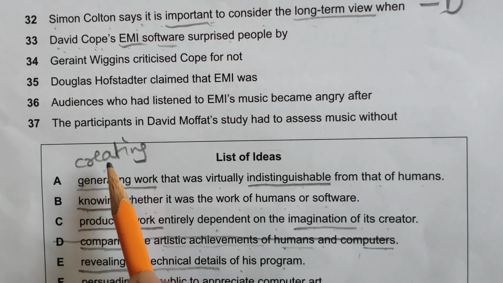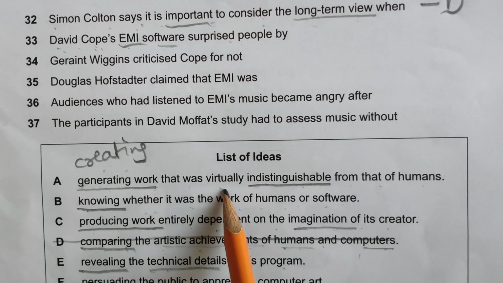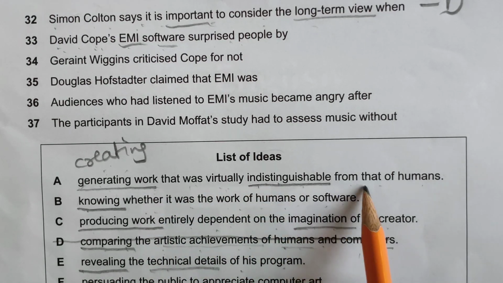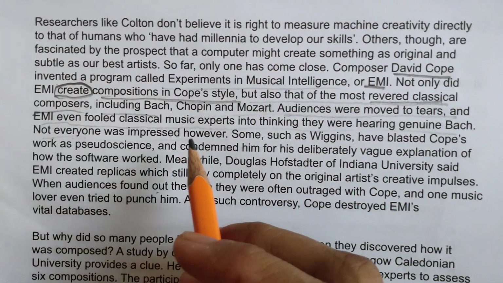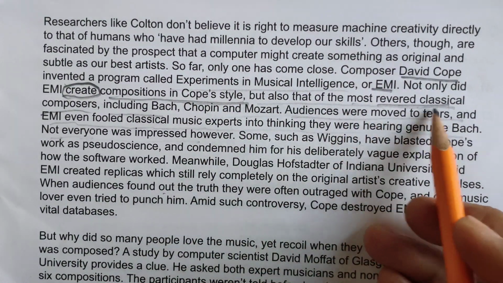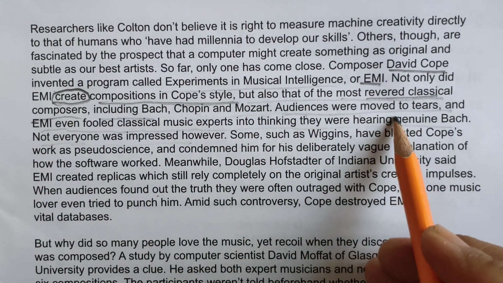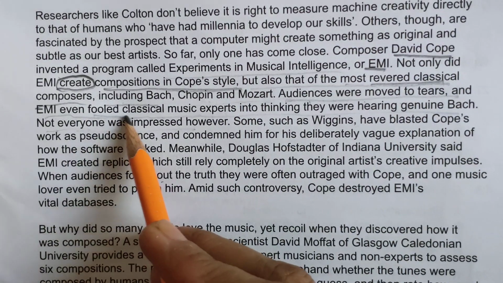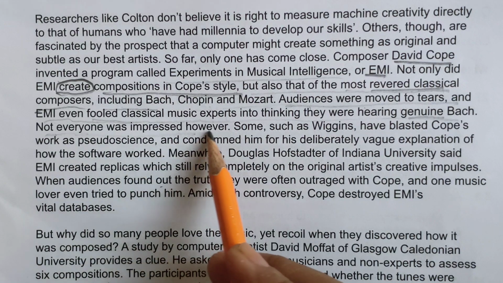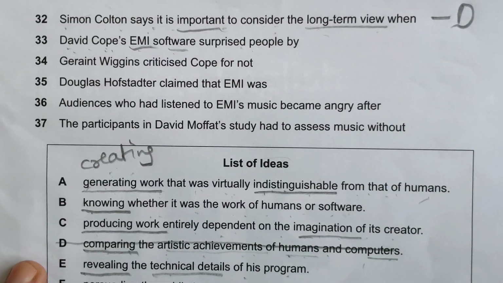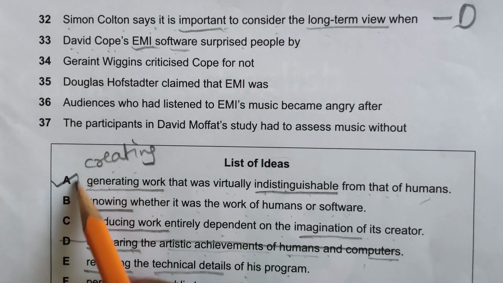It will be very helpful in finding the answers in the reading passage. So creating work that was virtually indistinguishable from that of humans. Indistinguishable, what is it? Audiences were moved to tears, and even fooled classical music experts into thinking they were hearing genuine Bach. Not everyone was impressed. Okay, according to my point of view, this is the correct answer.